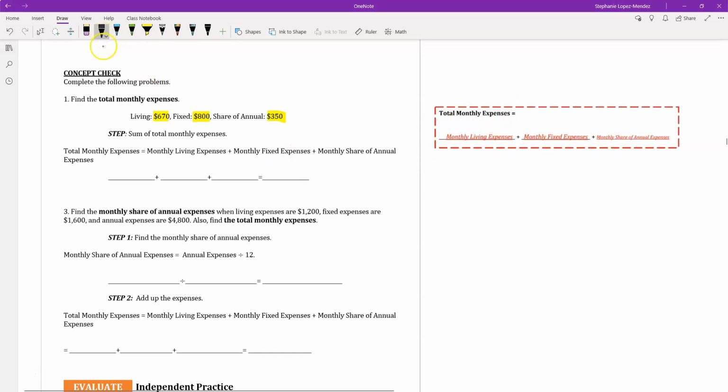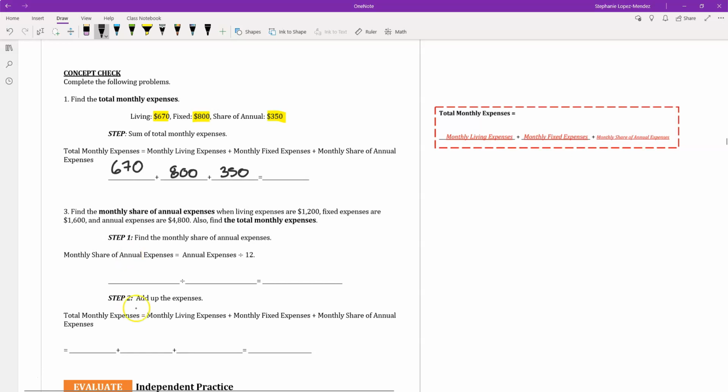Now we are going to write each of the amounts. So number 1, our living expenses, those are $670. Our second amount, which is the fixed expenses, are $800. And the share of annual expenses is $350.